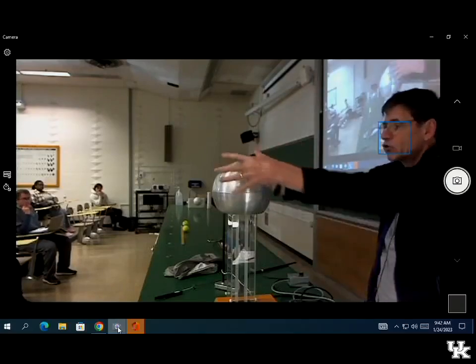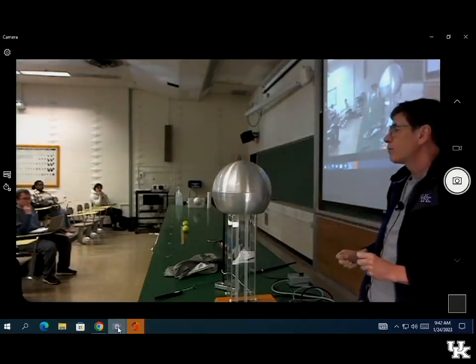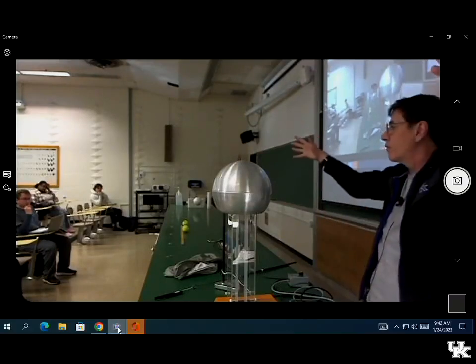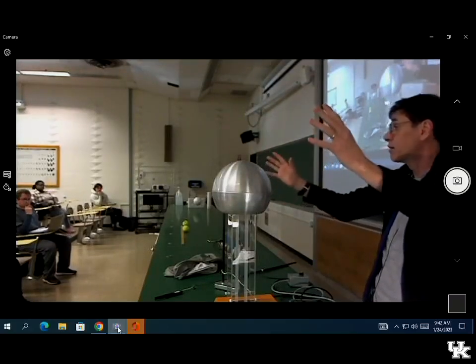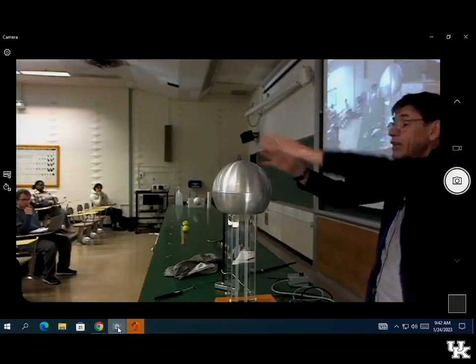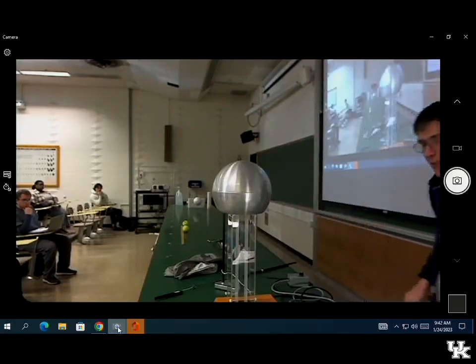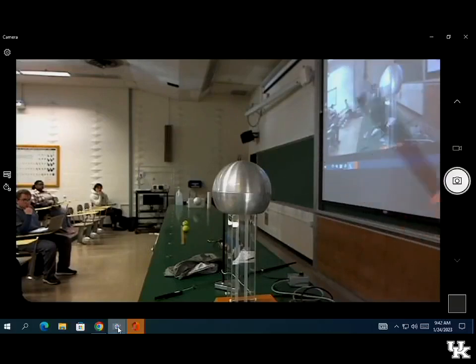It's going to be really strong close to the metal sphere. It gets weaker further from the metal sphere. But it's really a real thing. It is a real thing that's surrounding this charge. And then I'm going to immerse this lamp just in that field. And we're going to see if we can light it from the energy that's in that field.